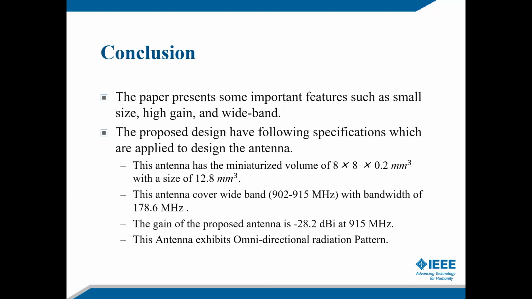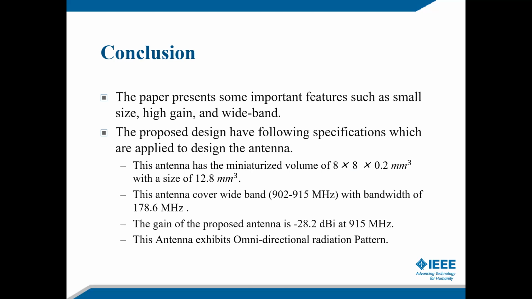So the antenna covers the bandwidth that we have discussed, the ISM band, 902.928 megahertz with a bandwidth of 178.6 megahertz, and the gain is minus 28.2 dBi at the resonance frequency. This antenna exhibits an omnidirectional radiation pattern.